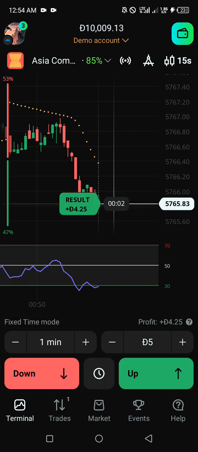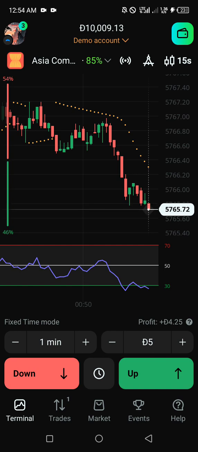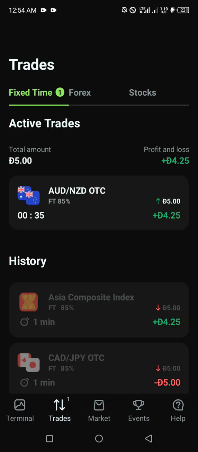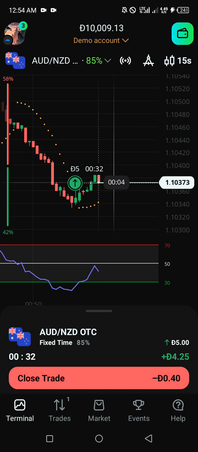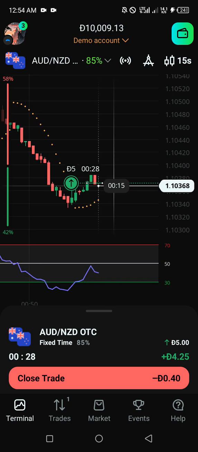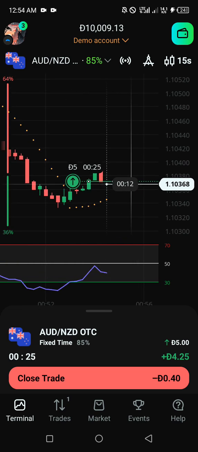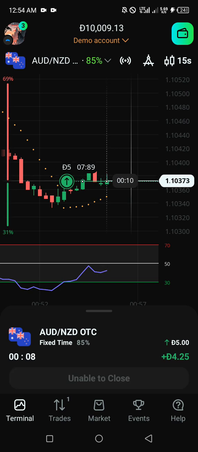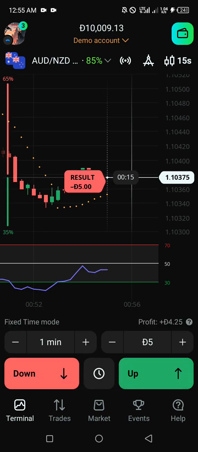It seems we won this trade, and the movement of the Parabolic SAR was consistent throughout, unlike our previous trade. Since we lost this trade by very few pips.